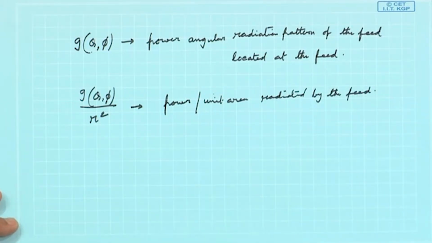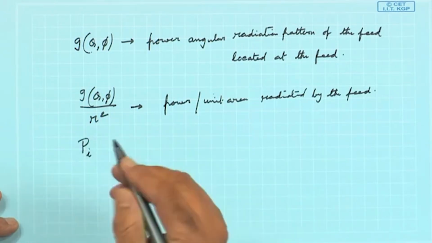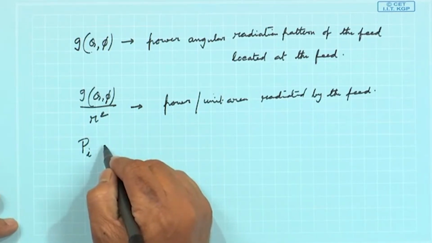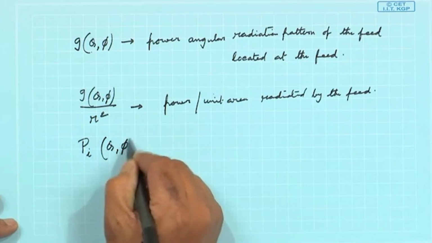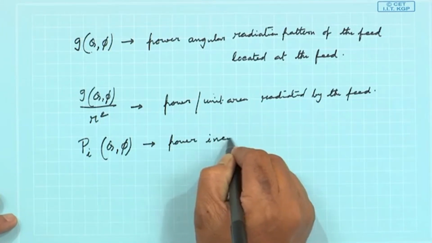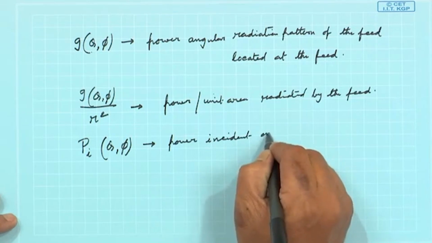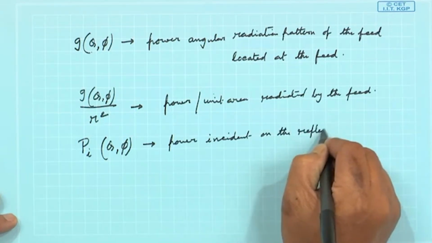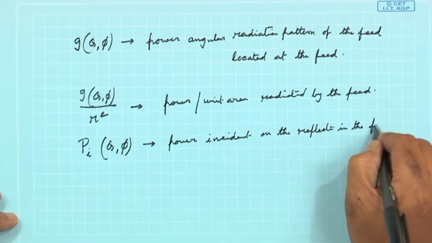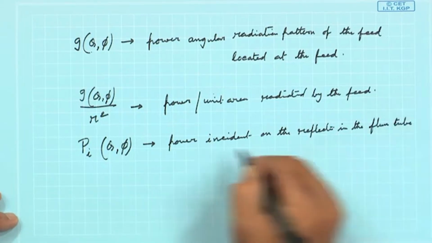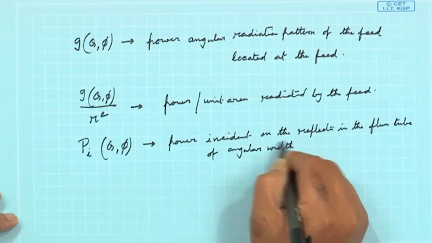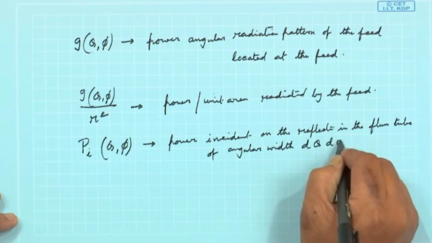Now, the power incident on the reflector in the flux tube of angular width d theta d phi is what?